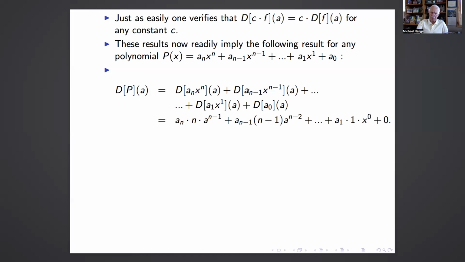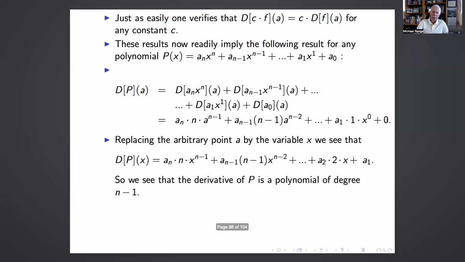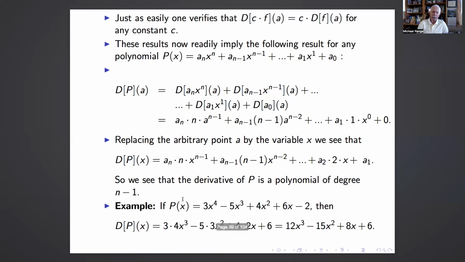The next term gives us a sub n minus 1 times n minus 1 times a to the n minus 2, and so on. And replacing the arbitrary point a by the variable x, we see that the derivative of p at x is simply this expression here, which is clearly a polynomial of degree n minus 1.